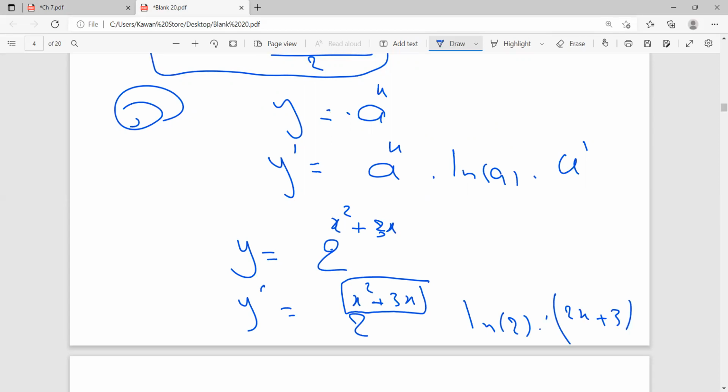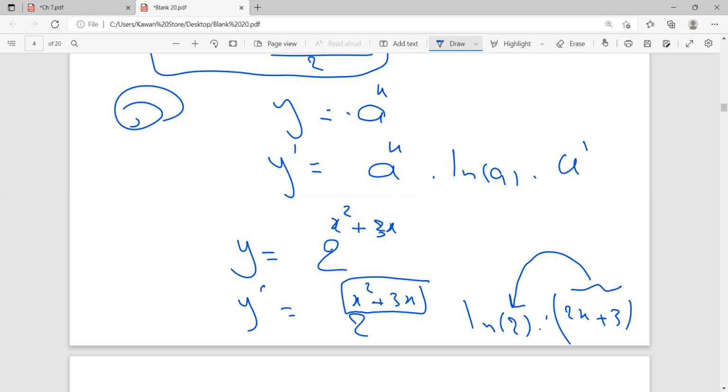Understood? And careful, do not multiply that one to here. You don't need to, this is the number of ln. You don't need to multiply it by something else. You get the idea? Good.